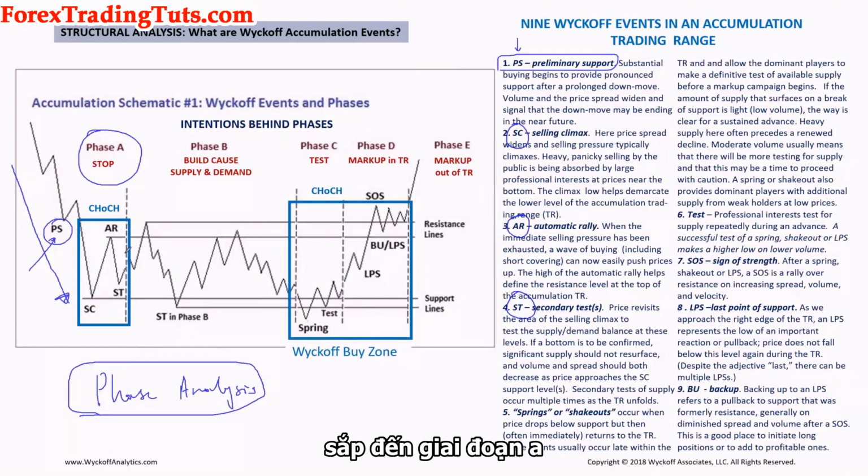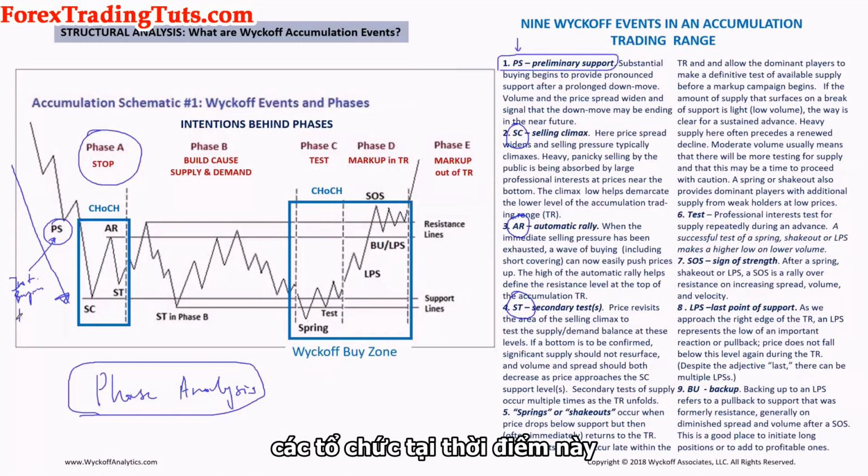Coming back to phase A. Preliminary support is the first attempt to stop the price from moving further down. And usually, this is still going to be institutional activity and some institutional buying.